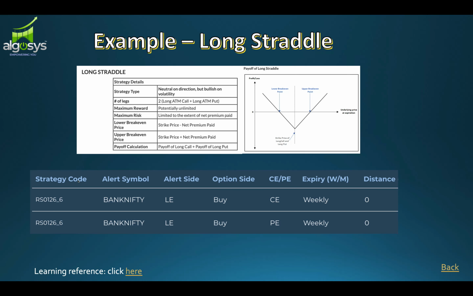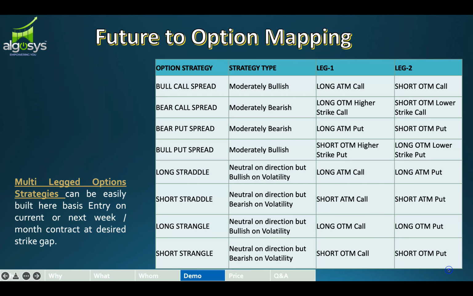So we all know about long straddle, right? What is a long straddle? You can see from here a long straddle. When you are going to take a long straddle, you are basically neutral on direction but bullish on volatility, that's the strategy type.